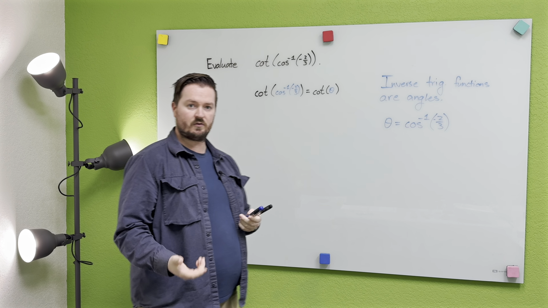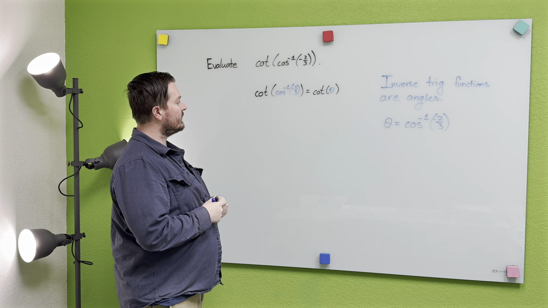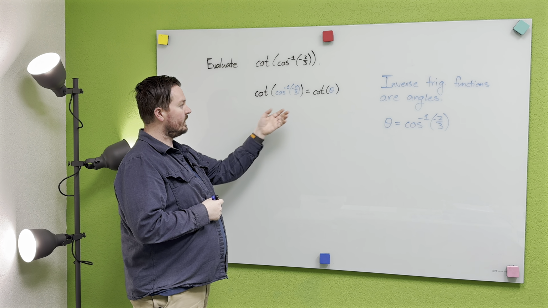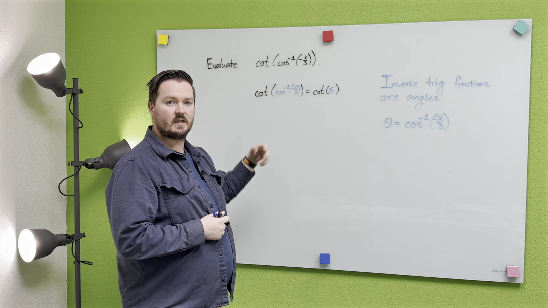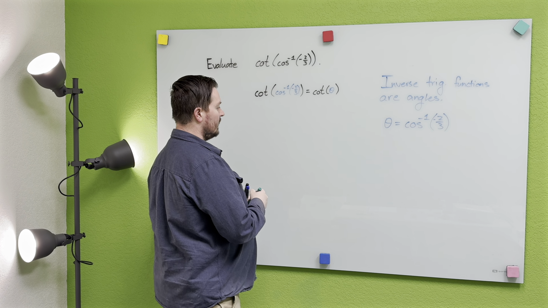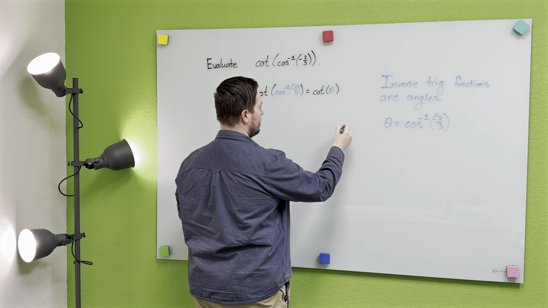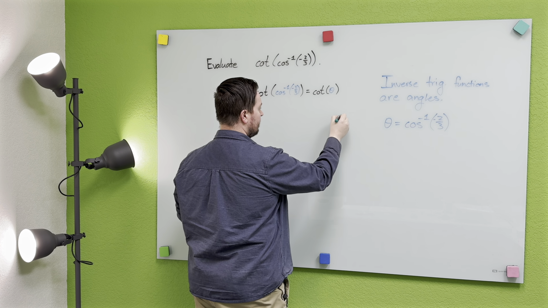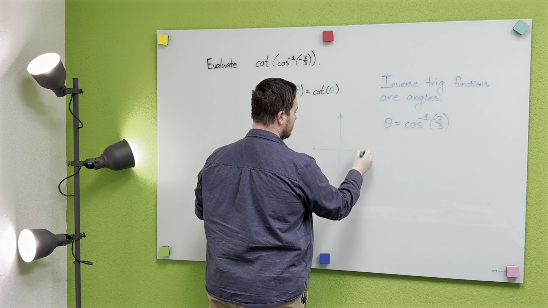Now, we need to draw a triangle to understand what angle would make cosine -2/3. To do that, we can really draw this with any sort of perspective, but I'll throw this on a set of coordinate axes.